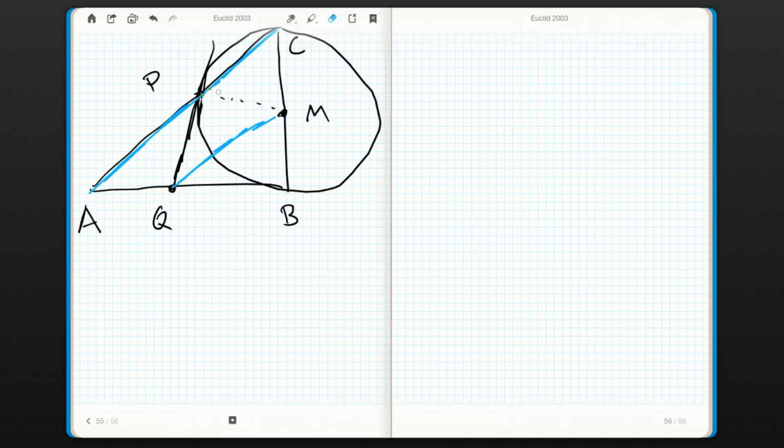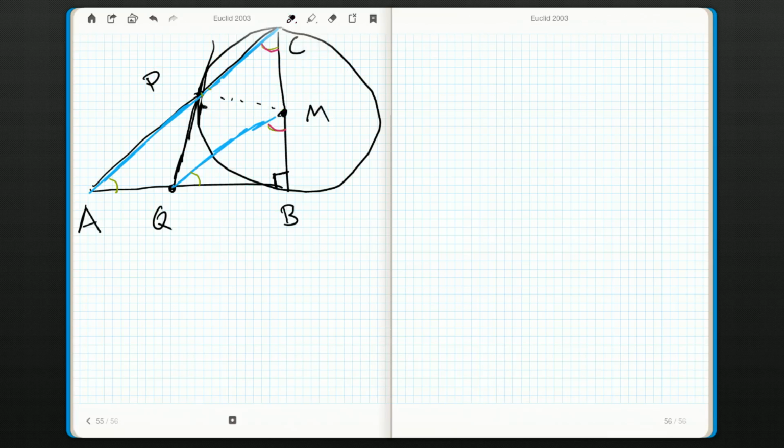Another way we could do it is to show that this angle and this angle are the same. Because two lines intersecting a third line, both at the same angle of incidence, must be parallel. We could also do the same thing up here with these two. We'll use a different color here for a moment. If we were to show that those angles are the same, we'd be all set. So, those are possible plans of attack.